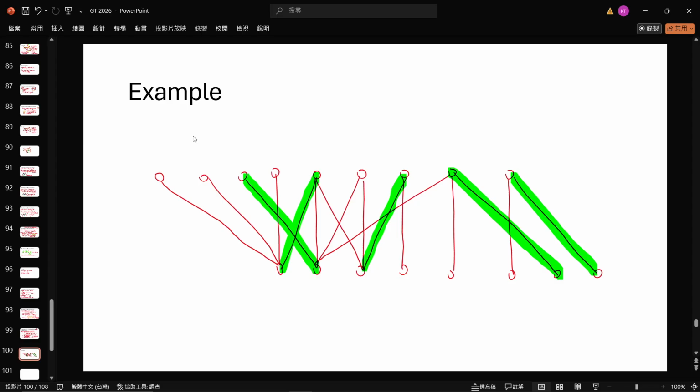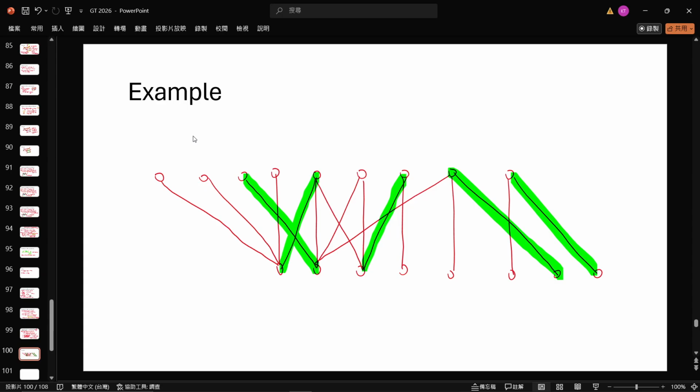All right, so the goal is to find an M augmenting path. The algorithm is like a BFS search. Because we know that an M augmenting path must start with an unsaturated vertex, we start from some unsaturated vertex in V1.